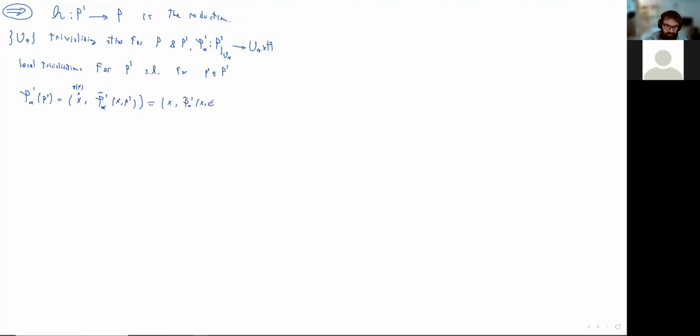So you have X, E, this is the neutral element. And again, remember when I write neutral element here, this is an element of P prime, so it's not technically the neutral element of the group, but we're identifying this with the diffeomorphism, okay? And yeah, this is in P prime X, which we know is diffeomorphic to H.